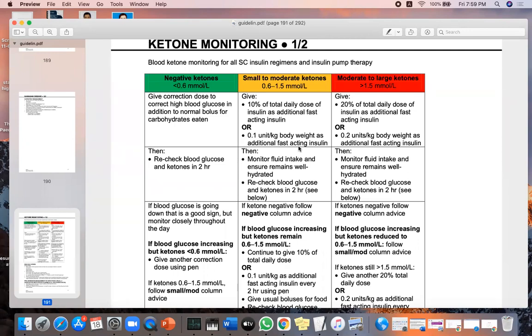Okay, 1 unit you gave. Patient drowsy, this is an indication of admission, but if the child is well, you will give another correction dose. If the patient's ketone is increasing from 1.5 to more than 1.5, that means you have to give 20%. The next correction dose will be 20%. And if 10% and 20% correction doses have failed, then you have to admit the child in emergency.